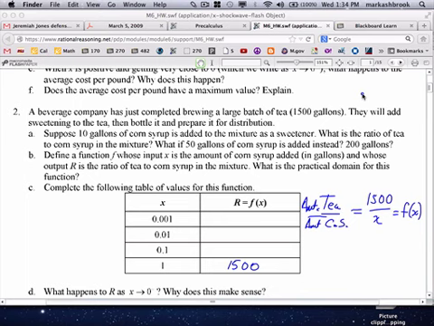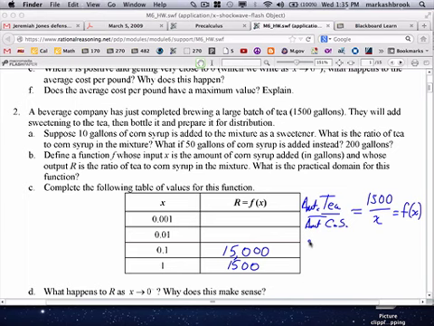But if you put in 1/10 of a gallon of corn syrup, now what's the relative size? How much T do you have relative to how much corn syrup you have? Now the relative size is 10 times as great, because the 1,500 to 1/10 of a gallon means that there's 15,000 times more T than corn syrup. That's what the ratio tells you.